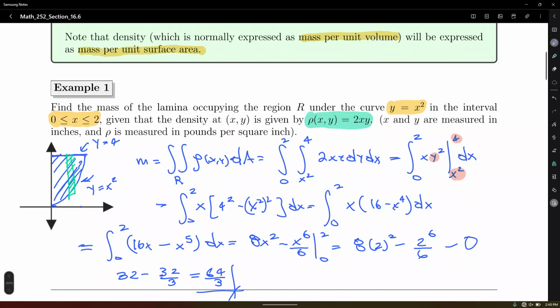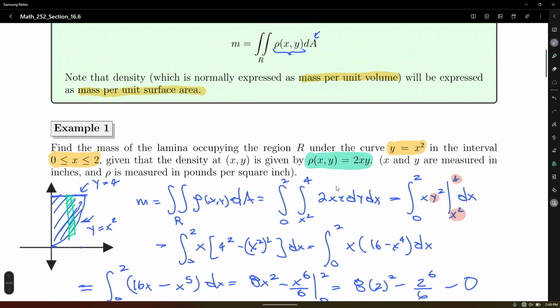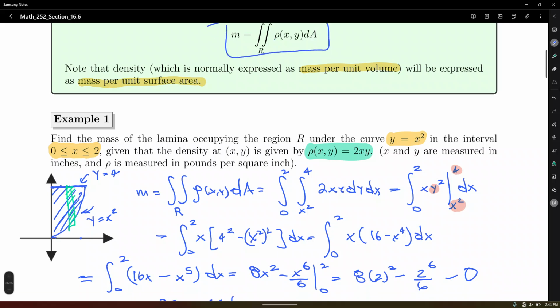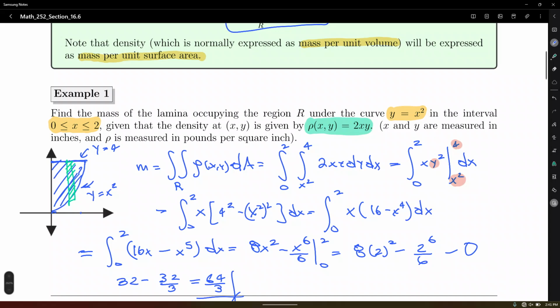All right, so let's set up the double integral that will calculate the mass. Let's start with that. I highlighted the density function, which will be replaced over here, and I'm going to iterate the double integral as dy dx.